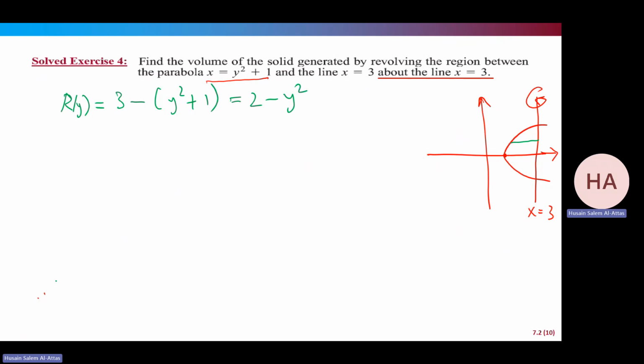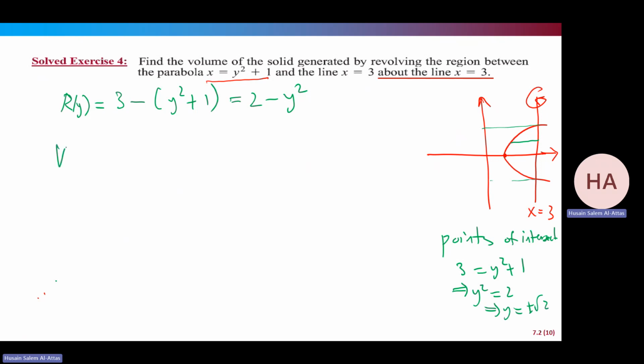That will be R of y. And to find the limit, I need to find the points of intersection between x equals 3 and the function. So I have what? Y squared will be 2. So y plus or minus square root of 2.